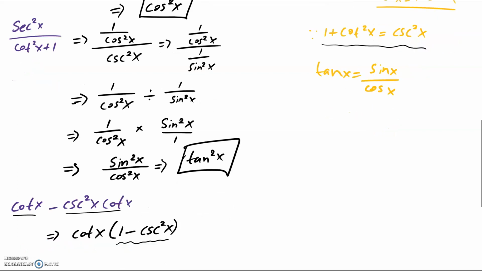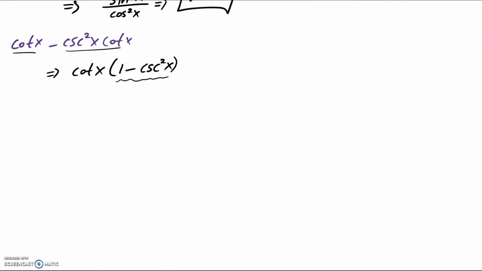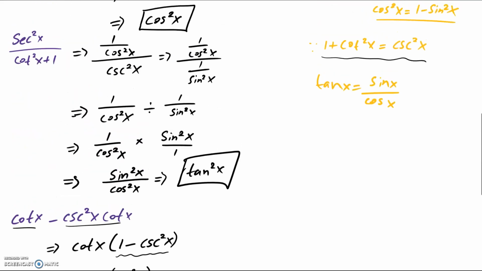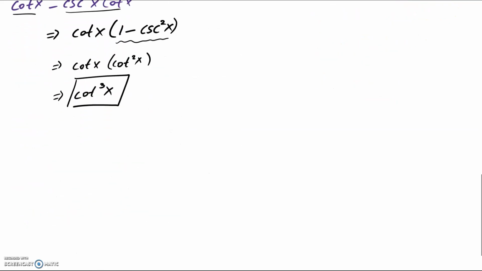We're going to use this identity, and this is equivalent to cot squared x. Okay, and our final answer is going to be cot cubed x. That's our final answer. But let me make sure: the identity we had is 1 plus cot squared x equals cosecant squared x.